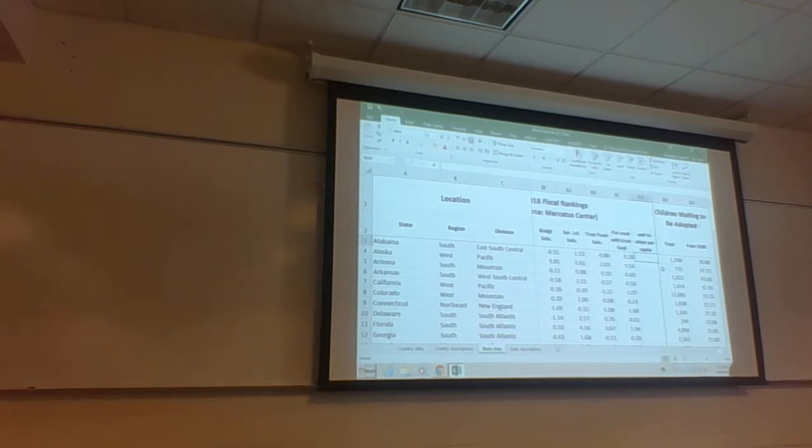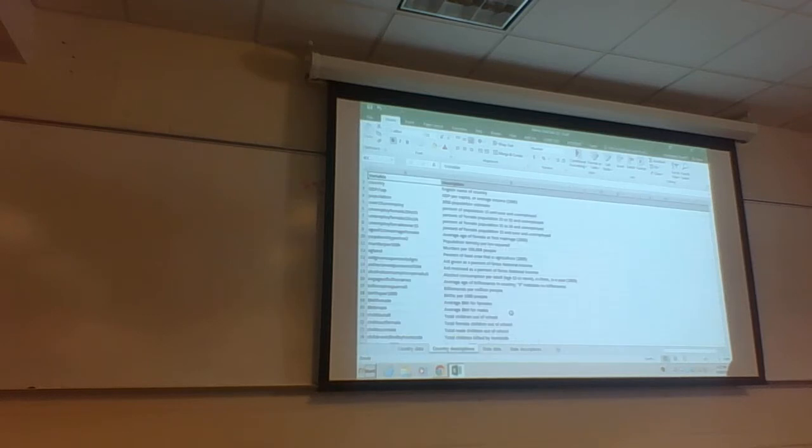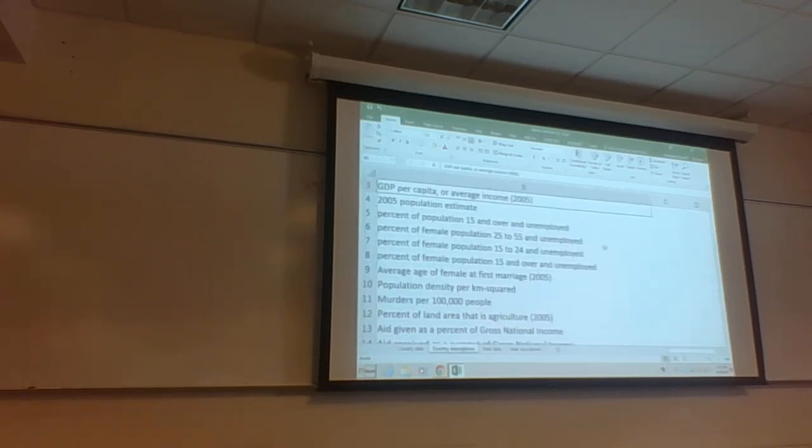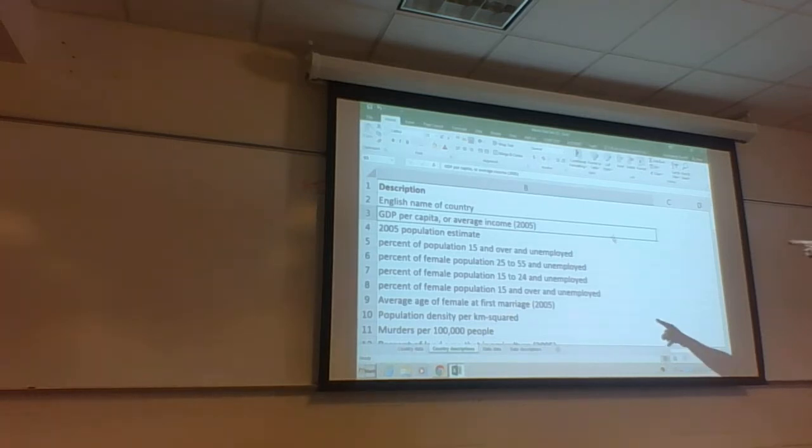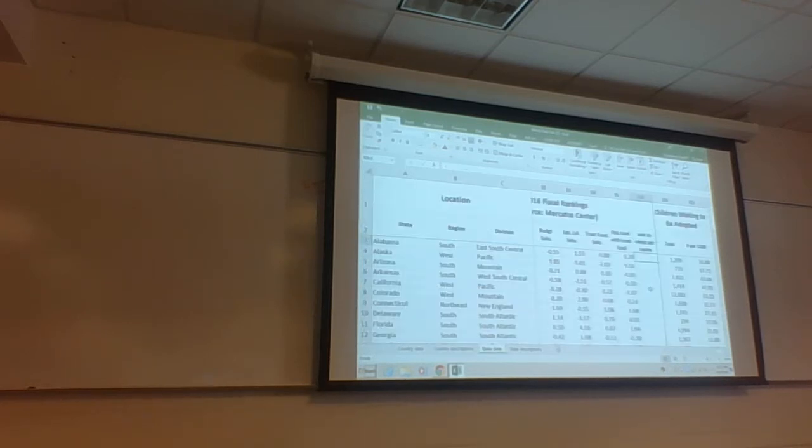And as a side note too, when you look at the country statistics, GDP per capita is also known as average income. So keep that in mind if you're looking for average income data in the country level data, that's the same thing as the GDP per capita. Capita being Latin for what? Person. Well, Latin for head, but person.